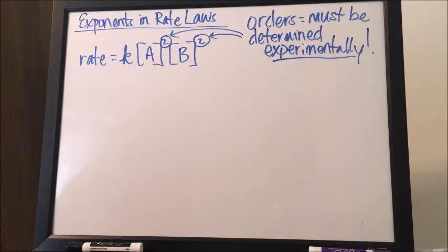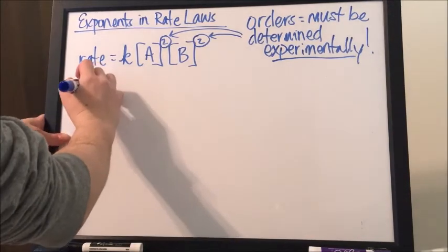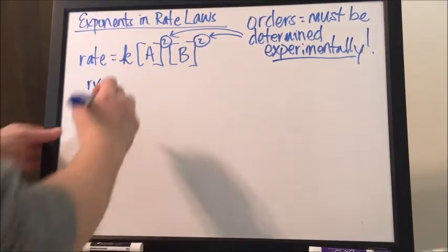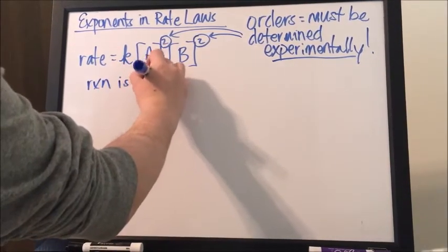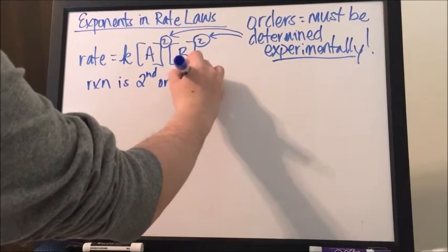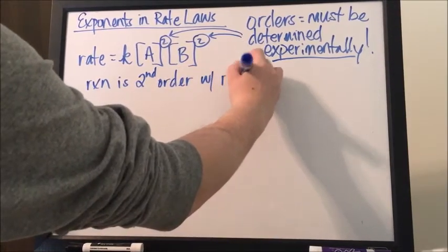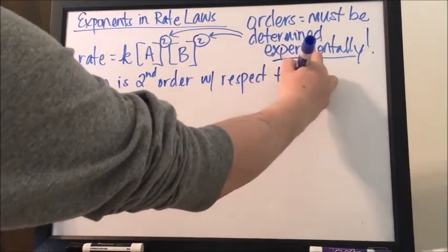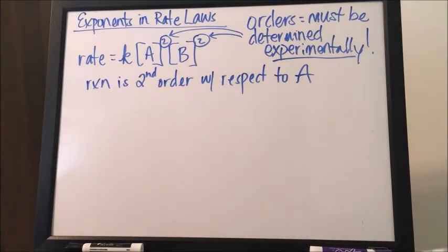Okay, so we can talk about this reaction in a couple ways. So we can say that this reaction, whatever it might be, is second order with respect to reactant A. And I got that because the 2 on the A is second order.